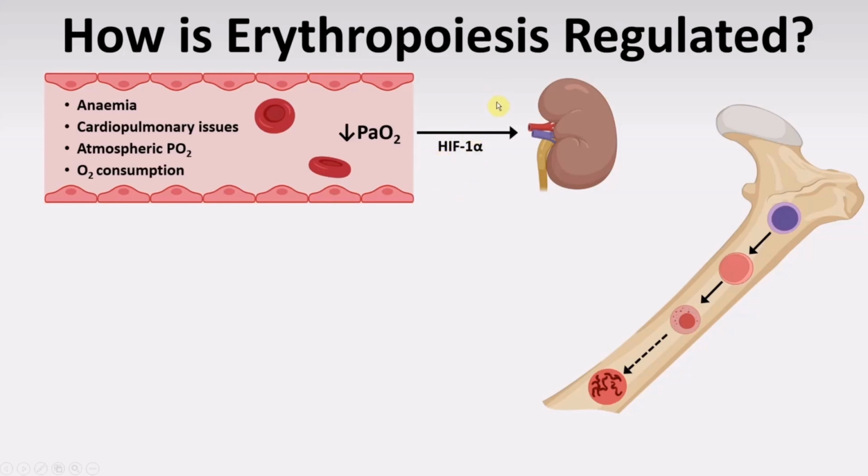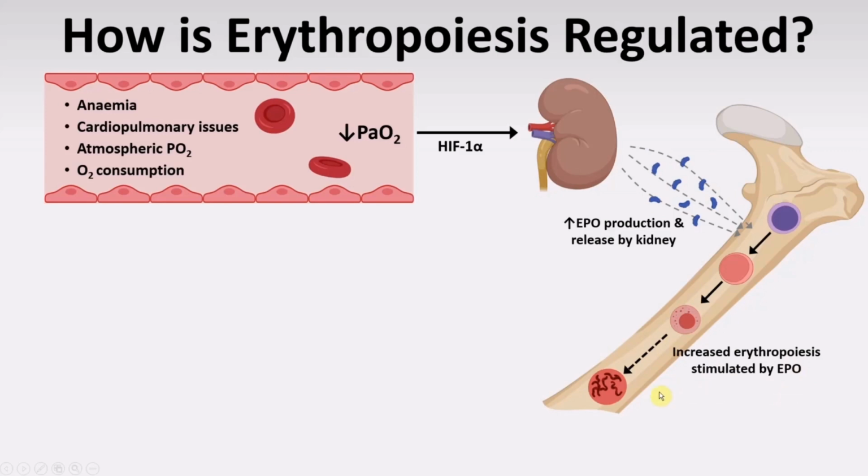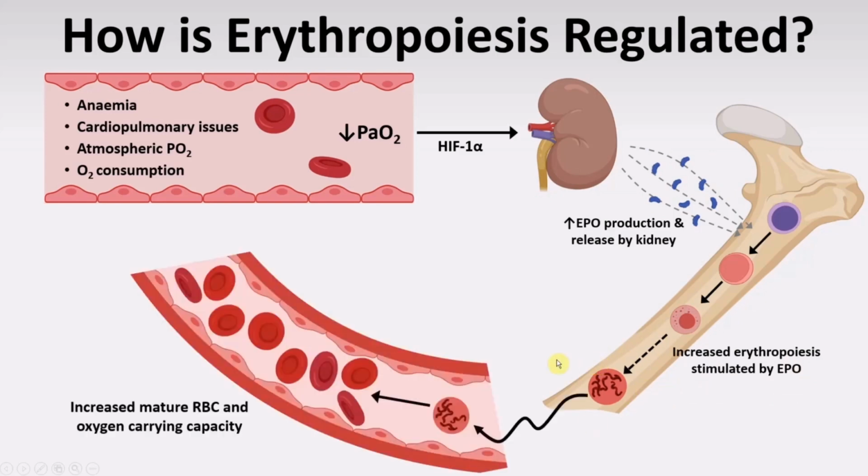Now this would then stimulate the production of EPO by the kidney, and as a result, there's increased EPO being released into the circulation. Of course, EPO is a growth factor that stimulates the process of erythropoiesis, and that is when increased red blood cells are produced, and hence the return of oxygen, or the increase in oxygen capacity in the circulation.